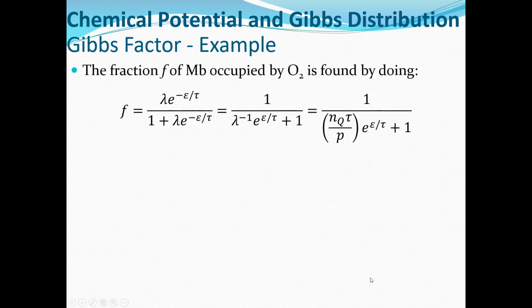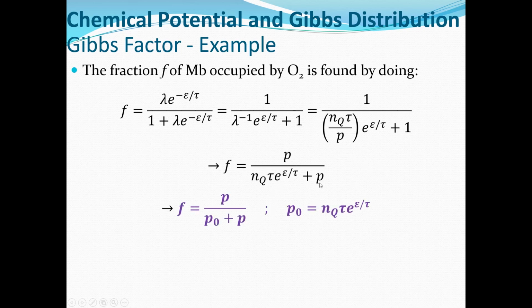So the fraction of these molecules occupied by oxygen could be found by taking the number that are occupied divided by the total number, reworking it so it looks like this, plugging in our equation for lambda, and we end up getting that, which can be rewritten like this.